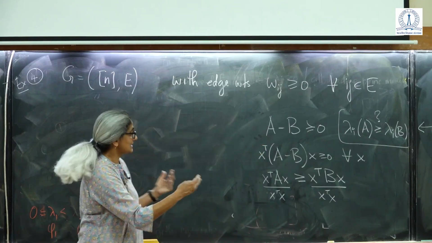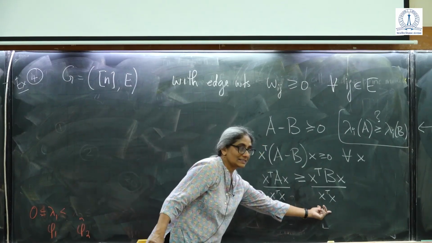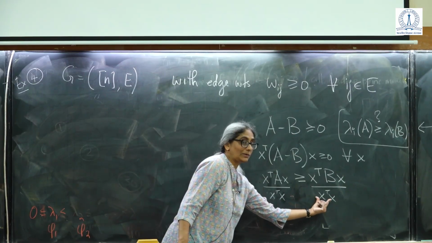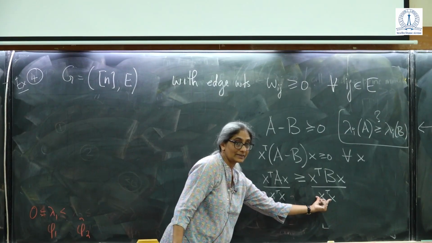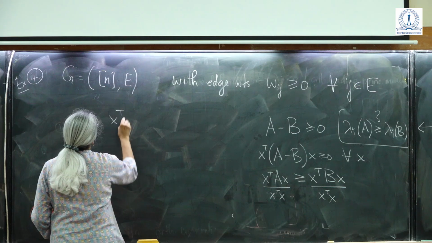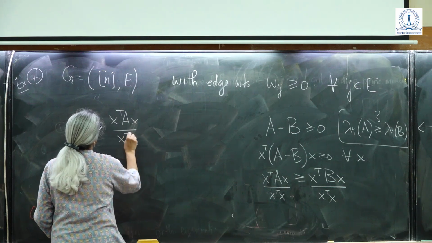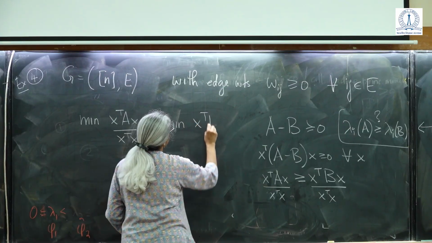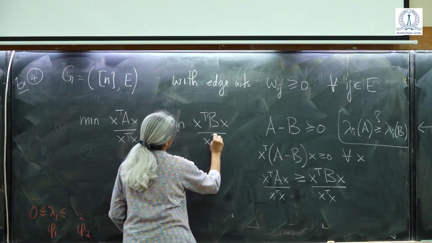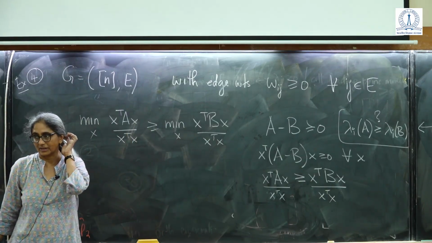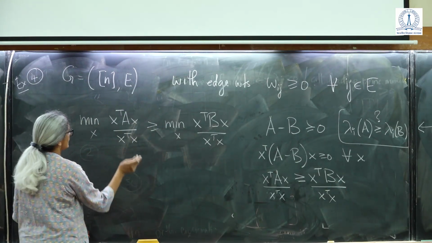Whatever x I plug in, this is bigger than that. So the smallest this can be is greater or equal to the smallest this can be. So min of X transpose AX over X transpose X is greater or equal to min of X transpose BX over X transpose X, over all non-zero X.